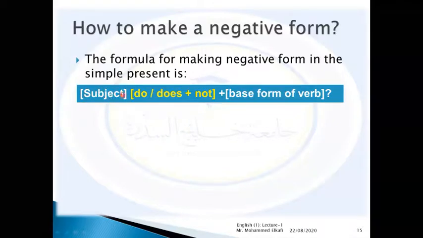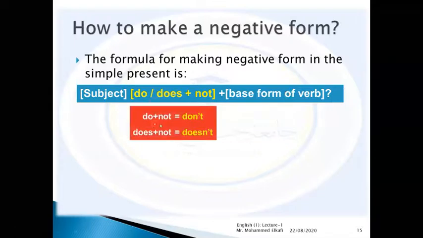In case he, she, it, we use does plus not. In case the subject is I, you, we, they, we use do plus not. Then after does not or do not, we use the base form of the verb, the verb without any S added to it.